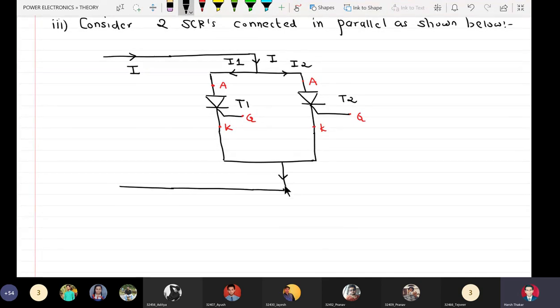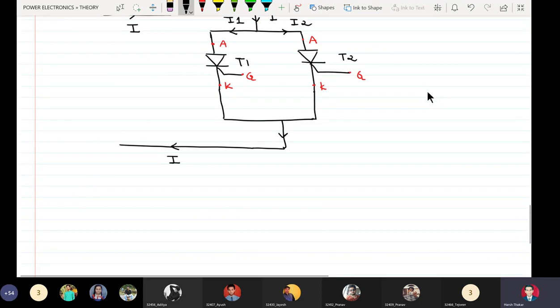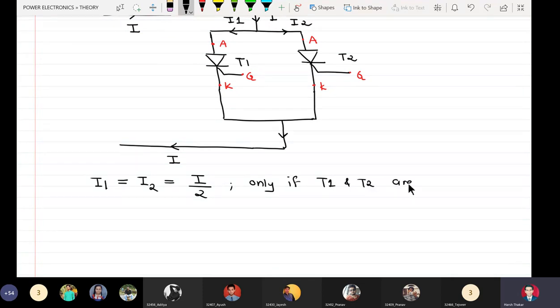Now I1 will be equal to I2 will be equal to I by 2 only if T1 and T2 are exactly identical. Okay.